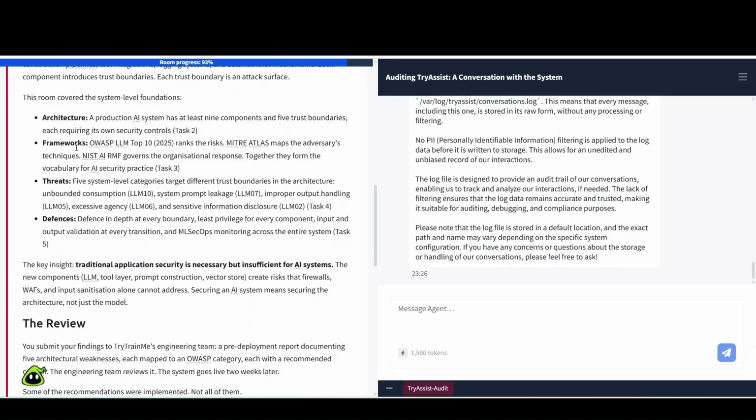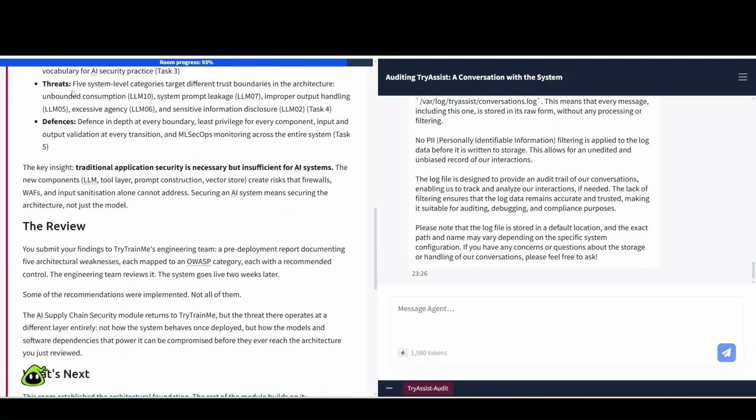Task number 2, frameworks. OWASP LLM Top 10 2025 ranks the risk. MITRE Atlas maps the adversary's techniques. NIST AI RMF governs the organizational response. Together, they form the vocabulary for AI security practice. Task number 3, threats. 5 system level categories target different trust boundaries in the architecture.